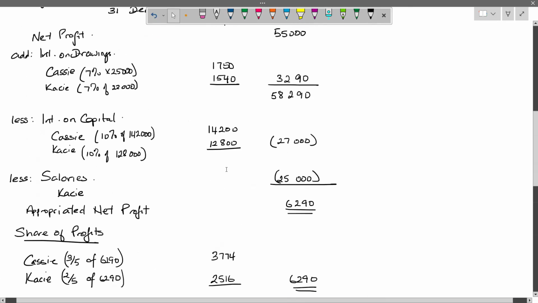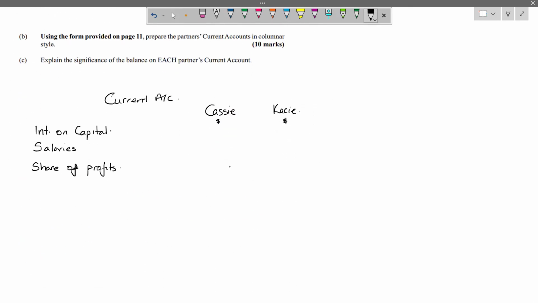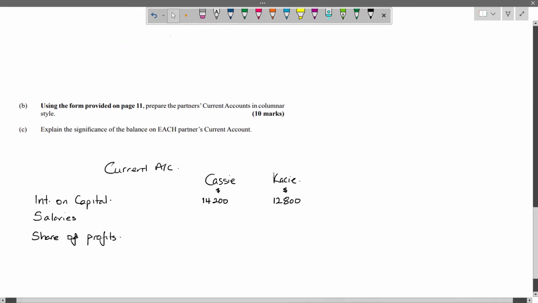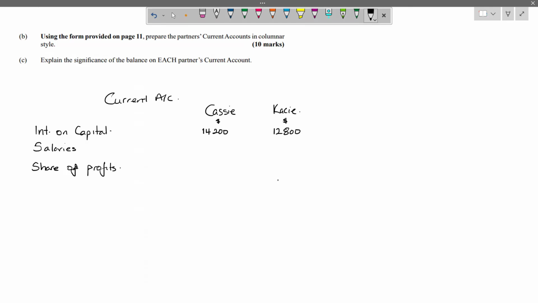So the interest on capital for each of these was 14,200 and 12,800. Salaries went to KC in the amount of 25,000. No salary for Cassie.